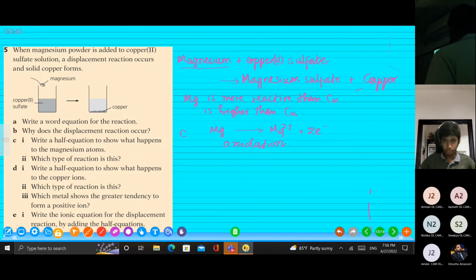Okay. And then part D, right? Write the half equation to show what happens to copper ions. You started with copper ions.